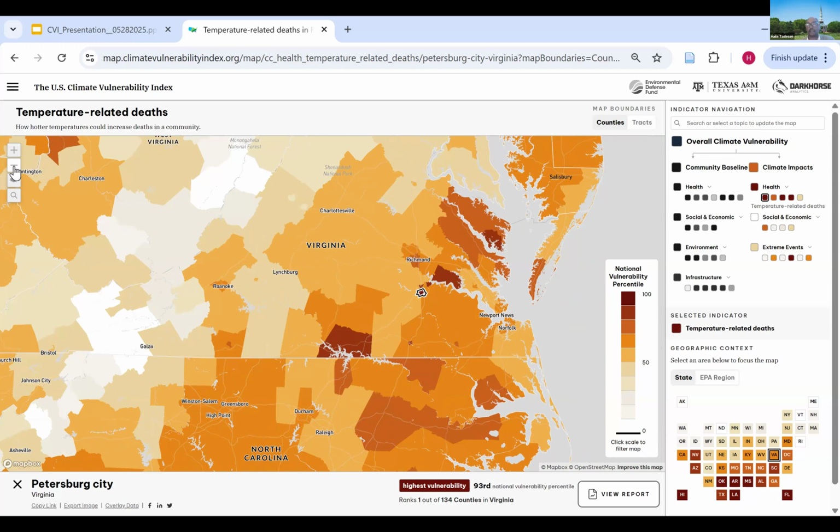And if you also need maps related to those, we can help provide you maps. You can contact us, Pamela, myself, and the other EJ lab staff.